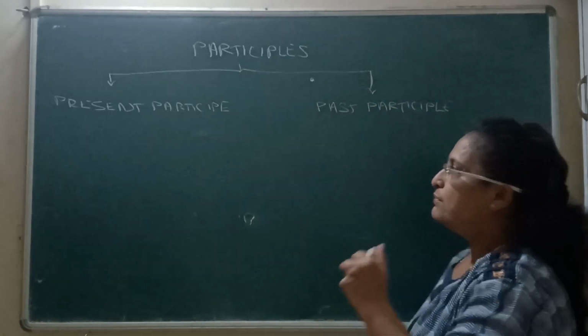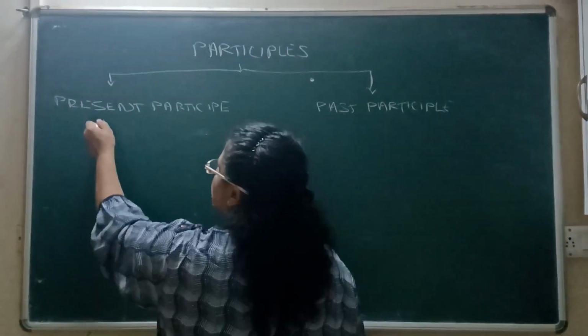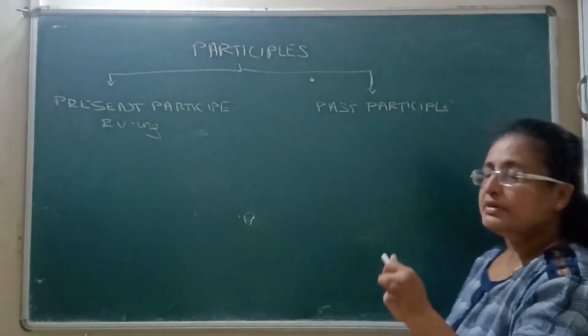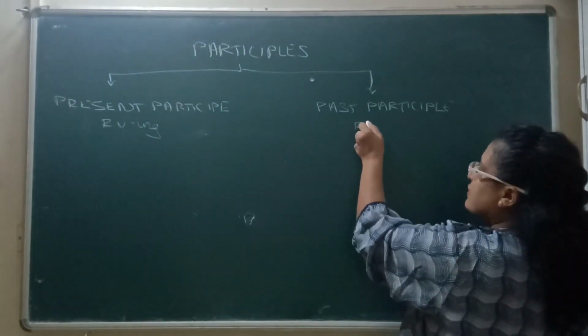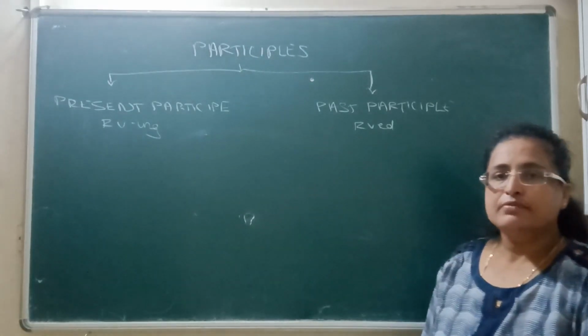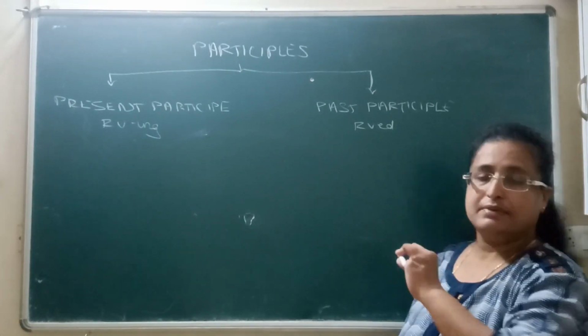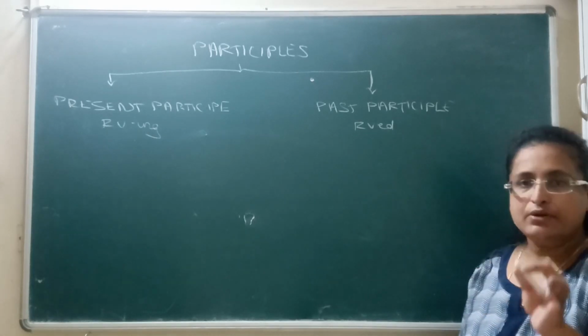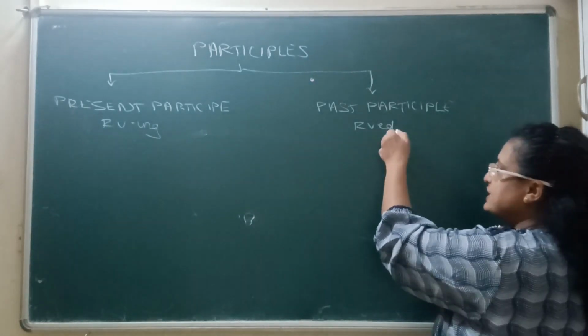Now do remember, present participle is always V-ing, and past participle we have done again in verb forms. You just go through the lecture of the verb forms in which I have explained in detail how to go for the past participle. But as of now you remember, for regular verbs, the past participle is the ed form.